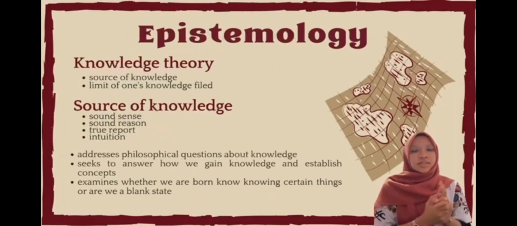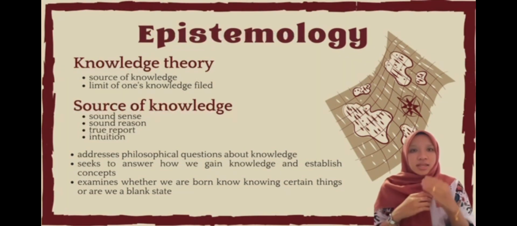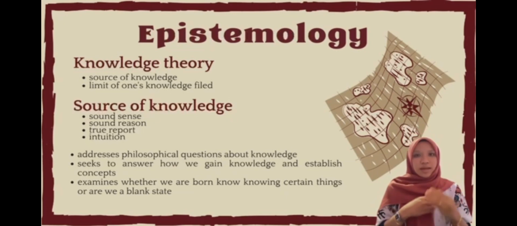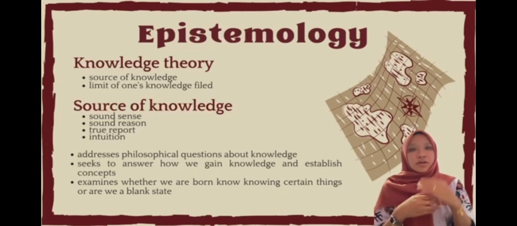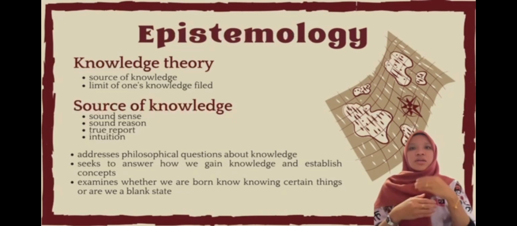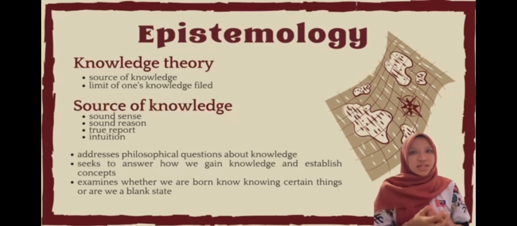The second branch is epistemology. Epistemology addresses philosophical questions about knowledge. It is a study that seeks to answer how we gain knowledge and establish concepts like truth. Here, philosophers address questions such as the limitations of logic, how comprehension works, and the ability of perceptions to deceive.